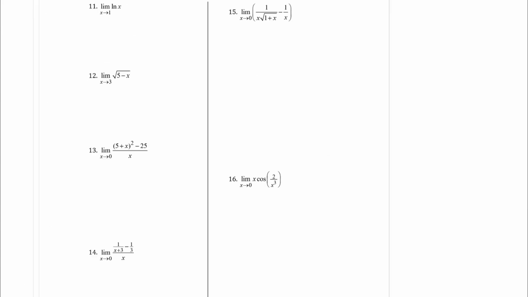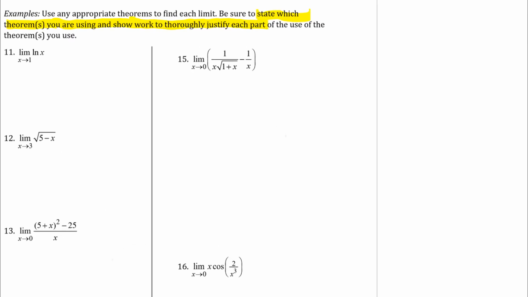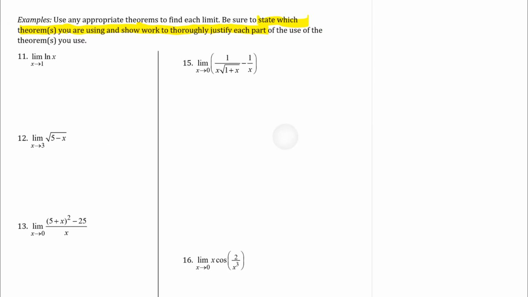One thing that's difficult about these mixed examples is knowing where to start. So I'm going to write out to the side a couple of hints about how I think through what theorem to use. The first thing I try to think about is whether I can use a substitution shortcut theorem of some kind.